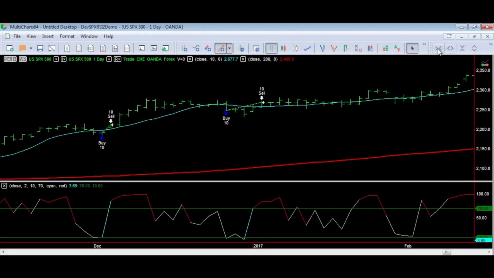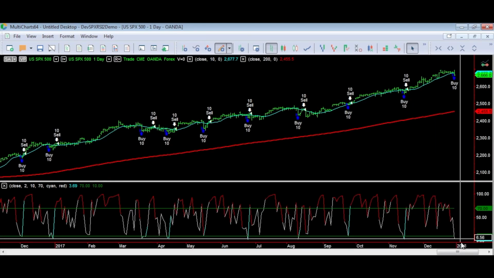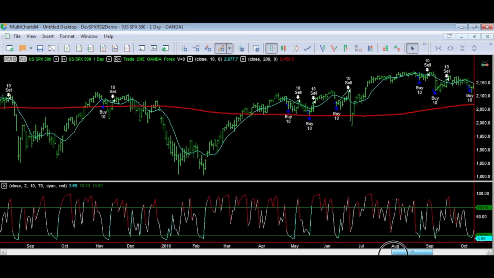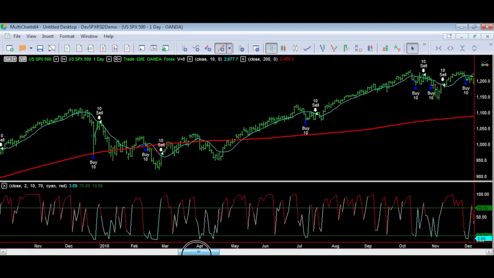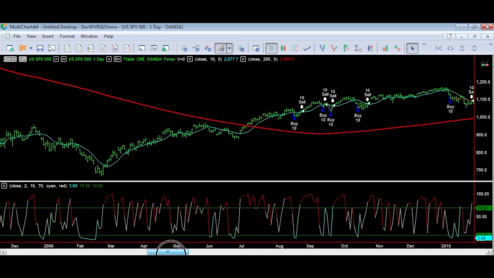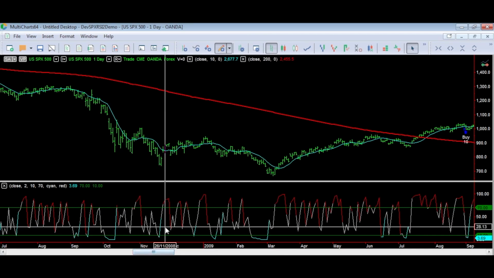So in 2008, why were there no trades taken? If I just reset and scroll back so we can look at 2008, we'll see why there were no trades. Well, if you remember, we were in a bear market through 2008.